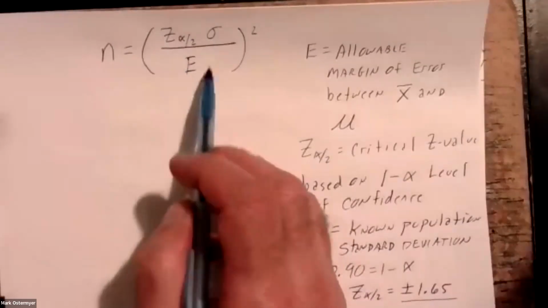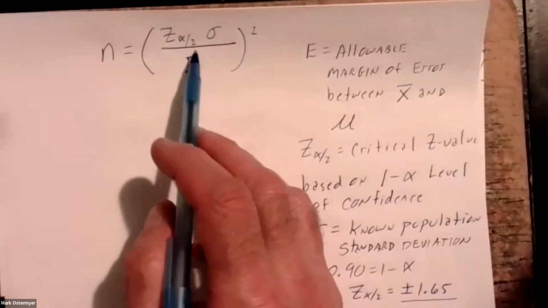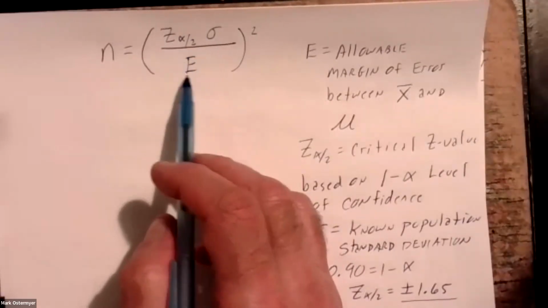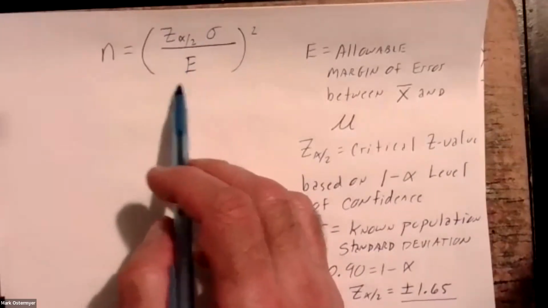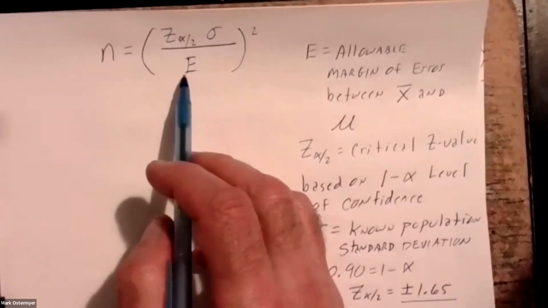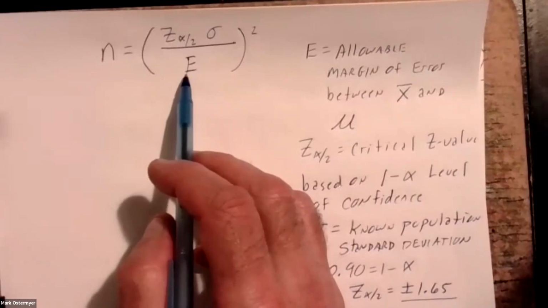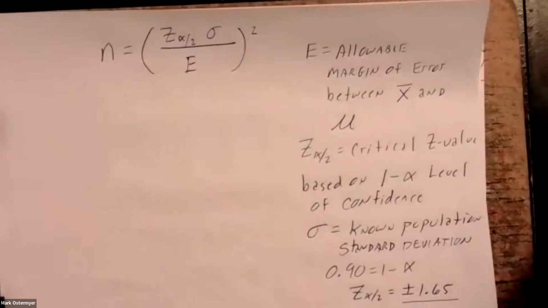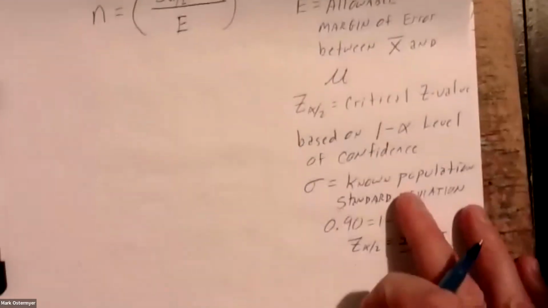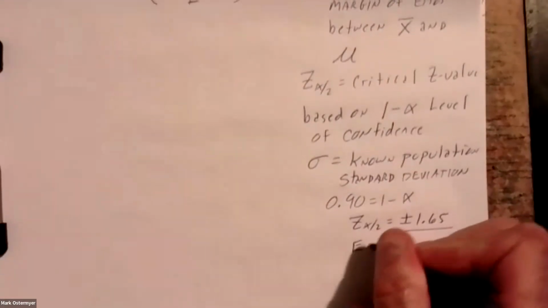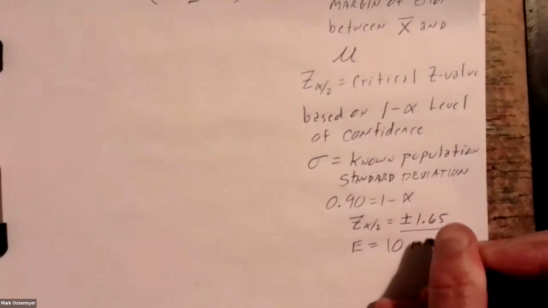E. Yeah, that's my allowable margin of error. That's as large as I want it to be. I don't want it to be any larger than 10 minutes for a difference between my sample mean and my unknown population mean. Okay. So yeah, my allowable margin of error is going to be 10. So E will be 10. Actually, 10 minutes.